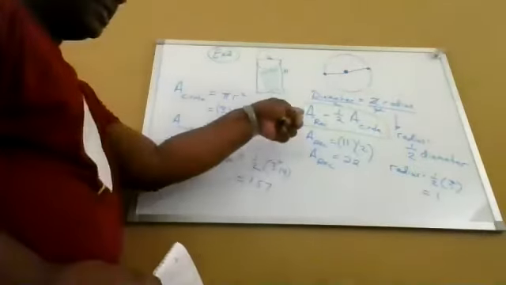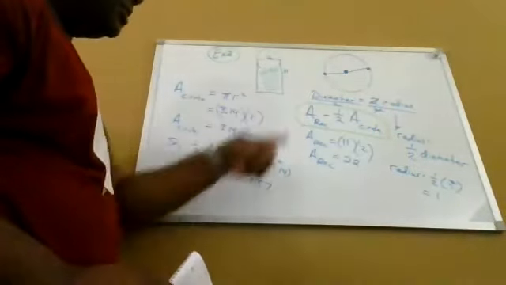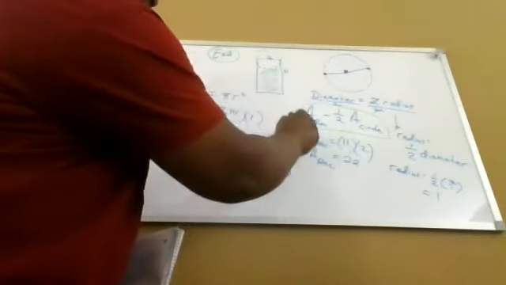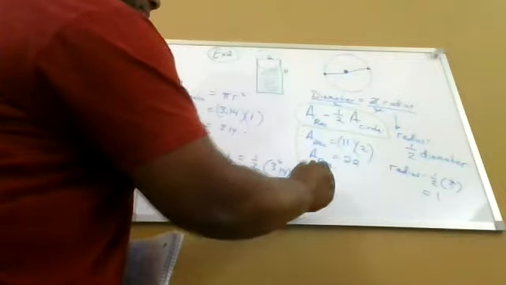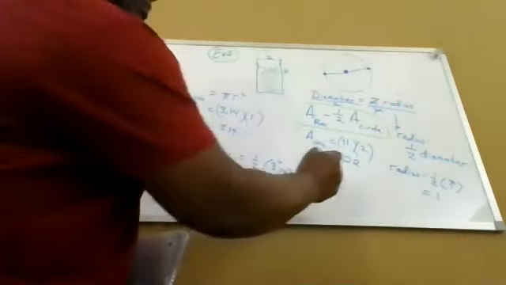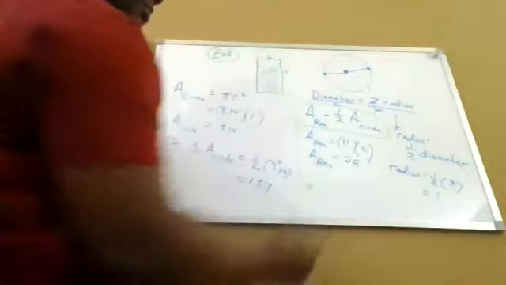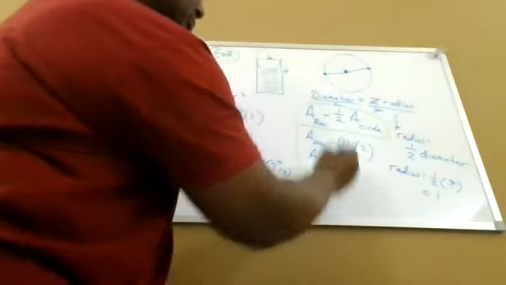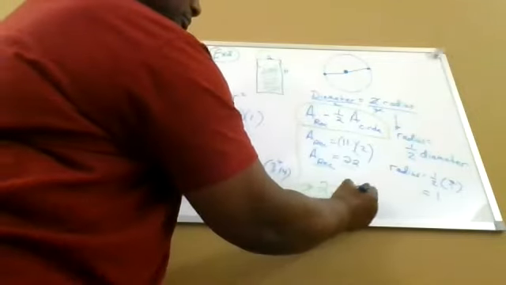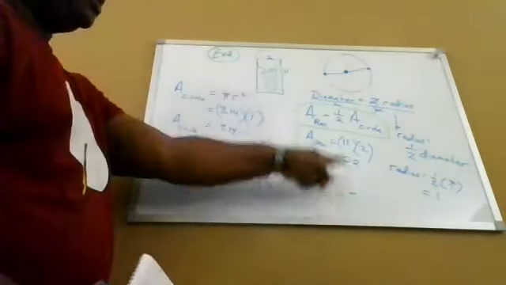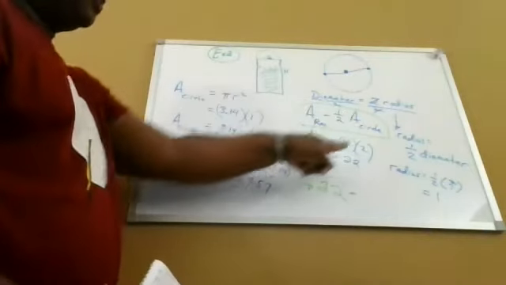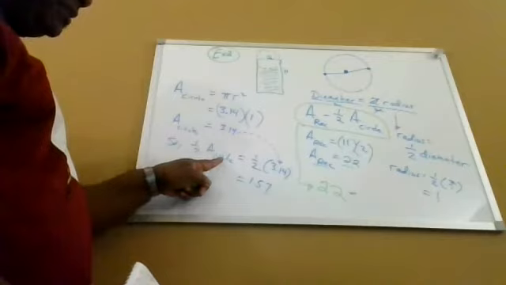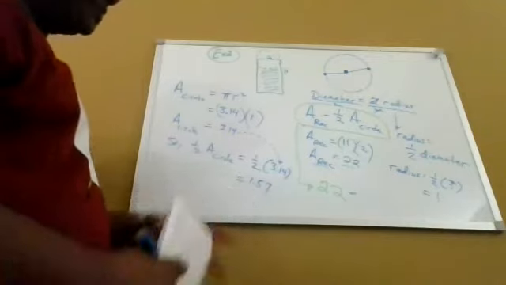So let's go back to this formula that I just circled. Area of the rectangle was 22. Minus 1/2 the area of the circle. Well, over here, we just calculated 1/2 the area of the circle to be 1.57.